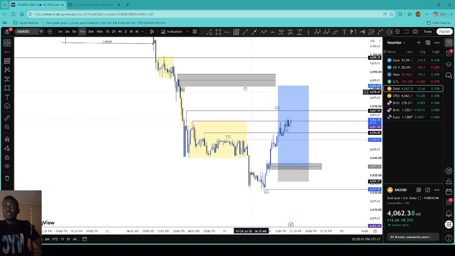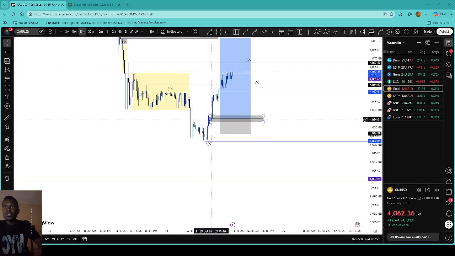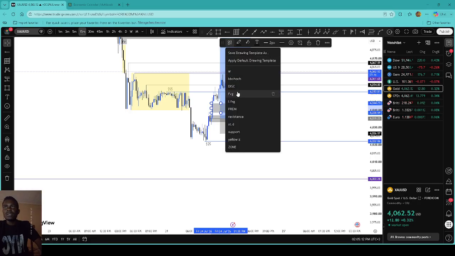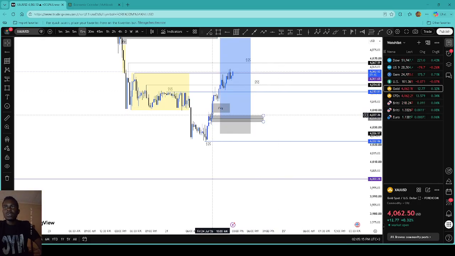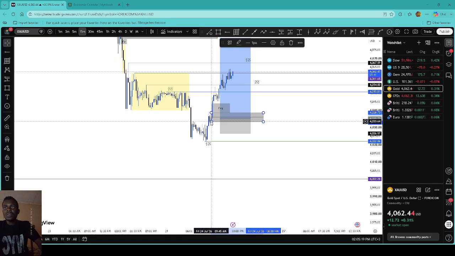Now let's do bullish ones. For example, you have this one over here. It has a fair value gap over here, a fair value gap over here, and we have our order block over here.